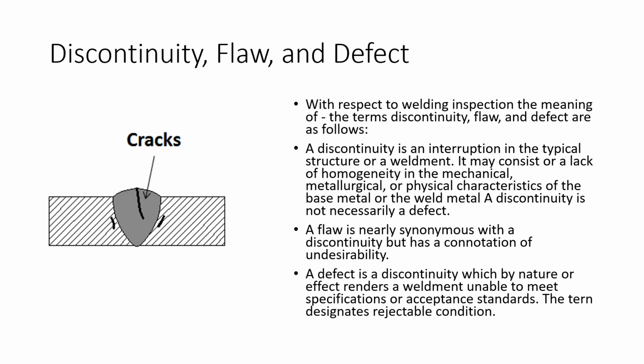And then a defect is a discontinuity that by nature or effect renders the weldment unable to meet the specification or acceptance standards. The term designates a rejectable condition. So a discontinuity does not designate something as rejectable, whereas a defect, something like a crack, makes the part unusable, and it also designates it as a rejectable condition. We can't use it. It's a crack. We can't use it anymore or at all.